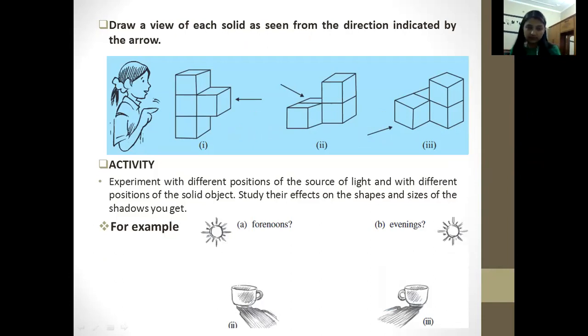You have to notice the view when putting light, like in sunlight also you can observe that shapes or objects are giving some shadow. If we are noticing in the morning and in the evening, they are different. This is your homework. You would be noticing and clicking a picture, or you can share your experience in the next class.